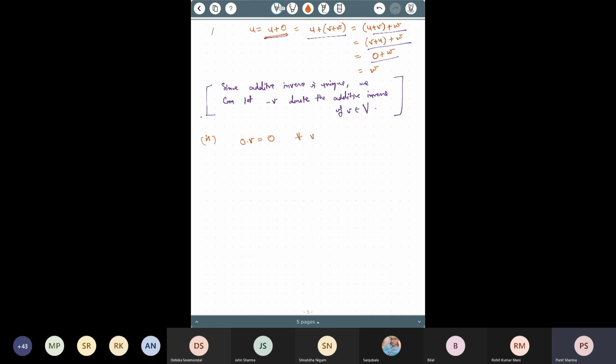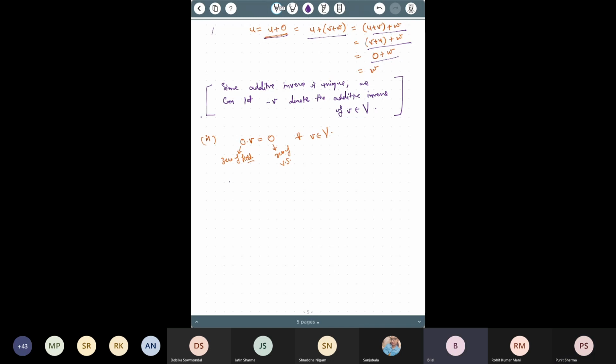So this is true for all v in V. What I'm saying is that this is the 0 of the field, or the additive identity of the field, and this is the 0 of the vector space, the additive identity of the vector space. Now how do you prove this?